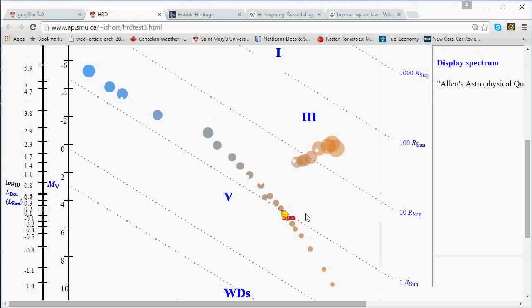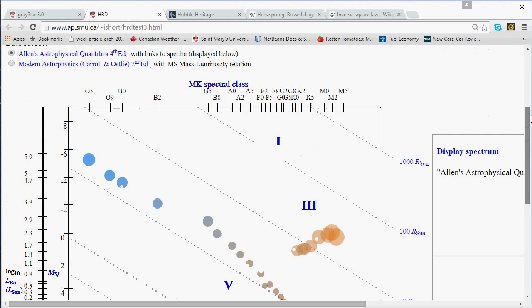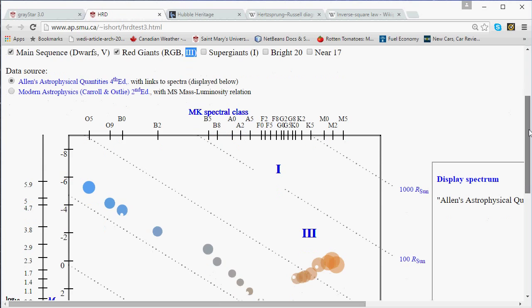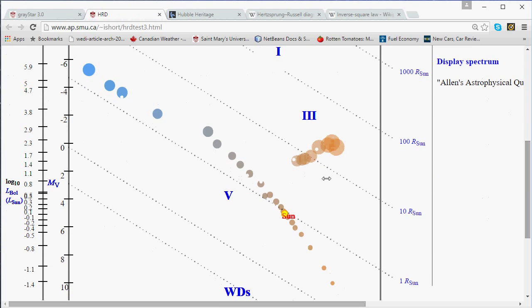So remember, these different groups of stars lie at different values of the luminosity along the vertical axis, so they are also thought of as being luminosity classes. So we can take the term giant and the term luminosity class 3 as being synonymous. Some famous examples of bright red giant stars in our sky are Arcturus in the constellation Bootes, Aldebaran in the constellation Taurus, and Pollux in the constellation Gemini.